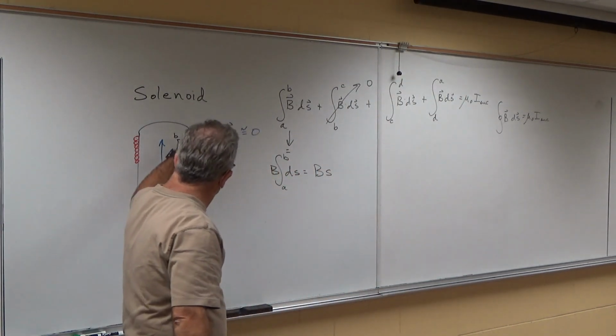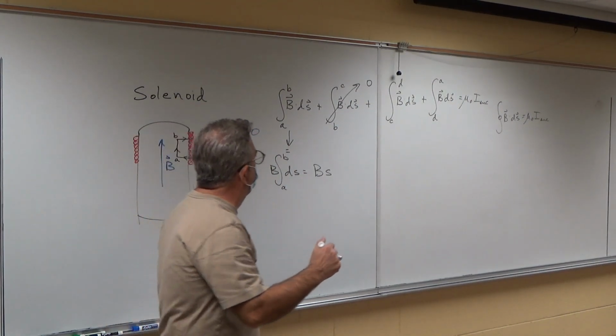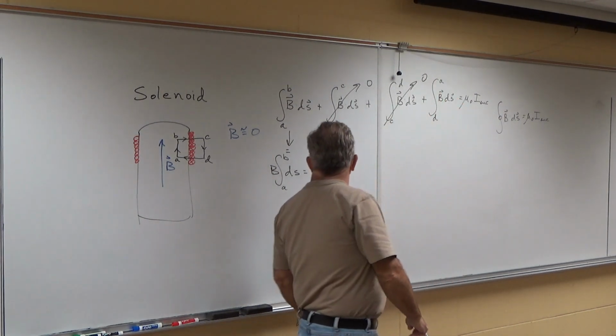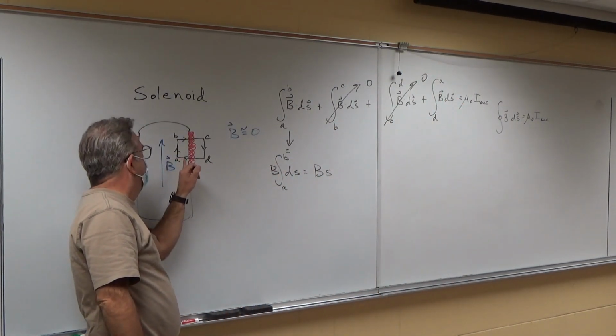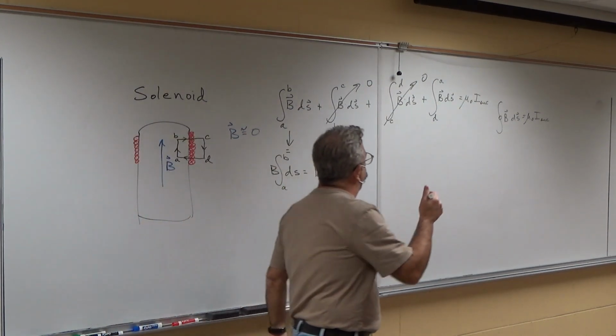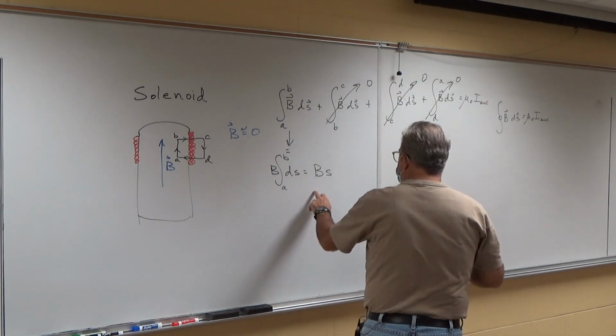C to D, B out here is negligible. It's equal to 0. This is 0. From D to A, same argument as B to C. You get 0.